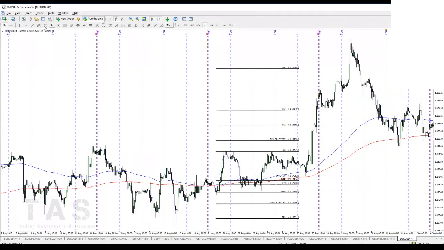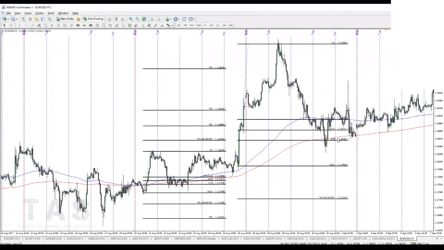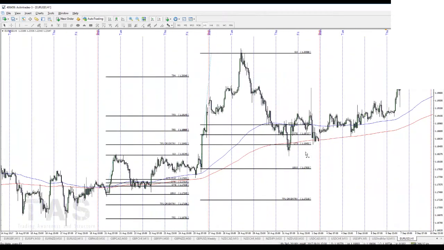So you always need to put the fib from here to here because structure was broken after this candle. Okay. So you'd only enter using this strategy, and on this pair, you'd only have a trade on Thursday. Okay.